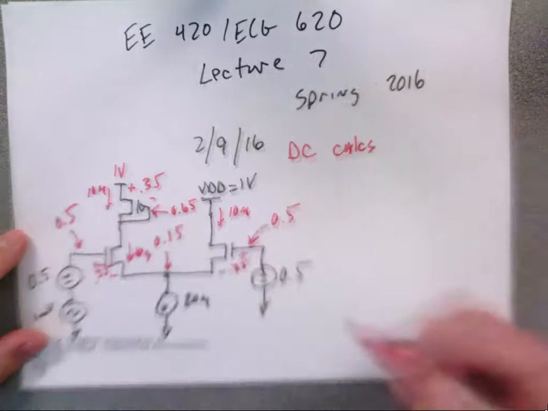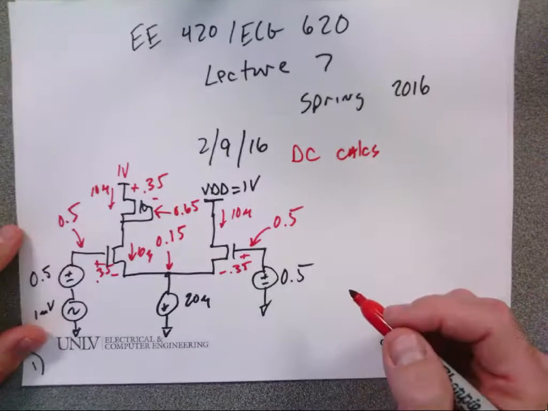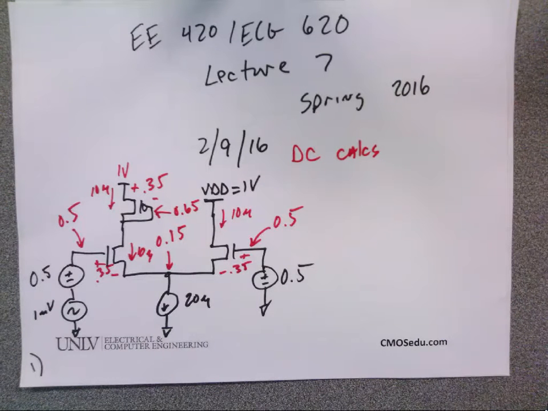Why? 0, right? It's a constant source. I can't change any of the current in that source. Does everybody understand that? So when I do an AC analysis, how does that source come into play?